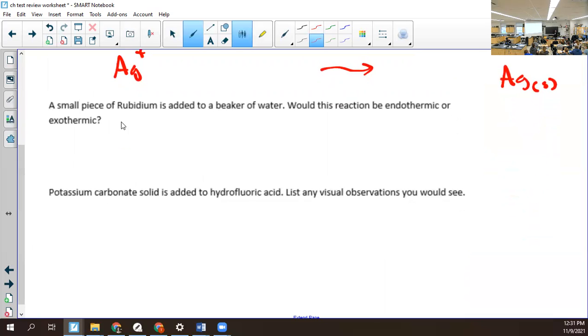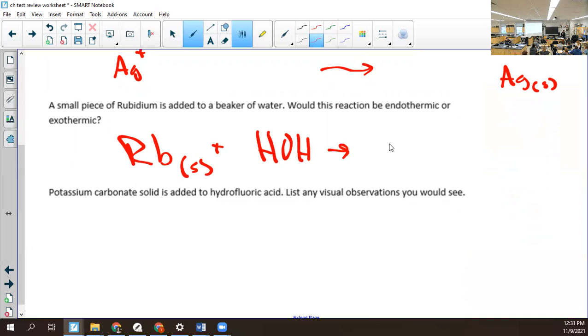Thank you. A small piece of rubidium is added to water. So what will we have on the right side? And would it be aqueous or a liquid or a solid or a gas? What do you think? Why? It's a strong base. Why is it a strong base?